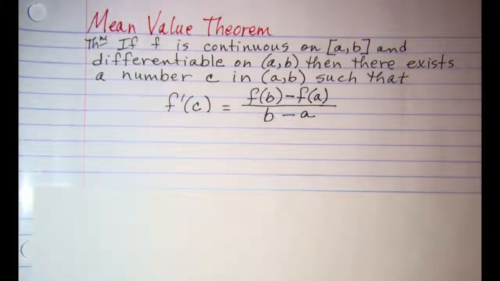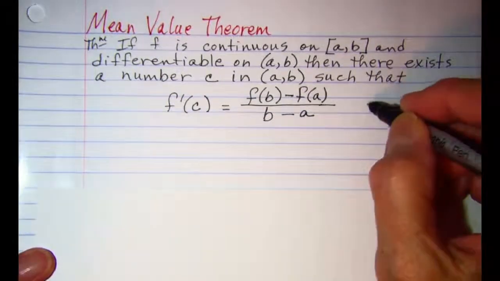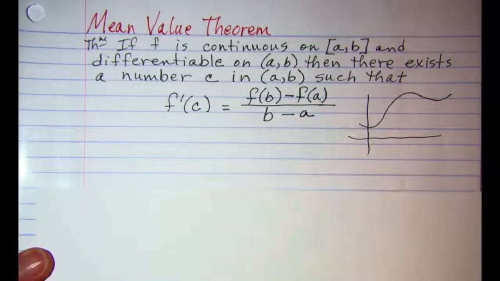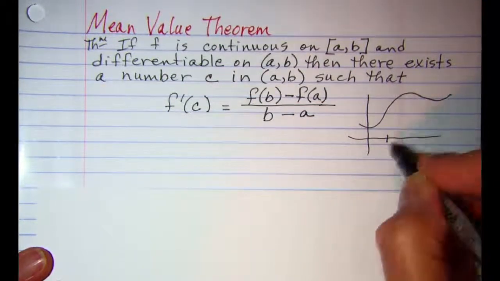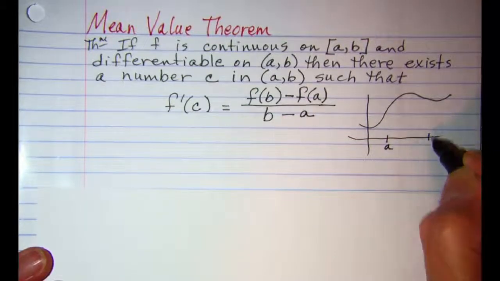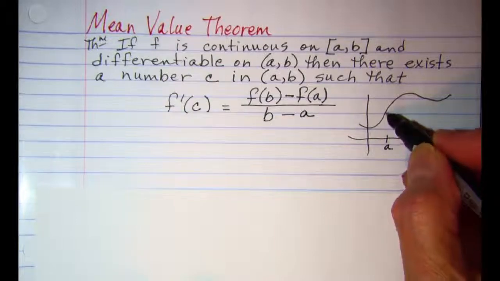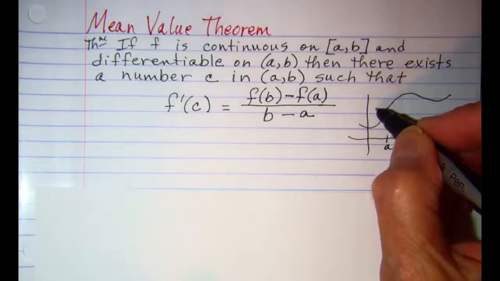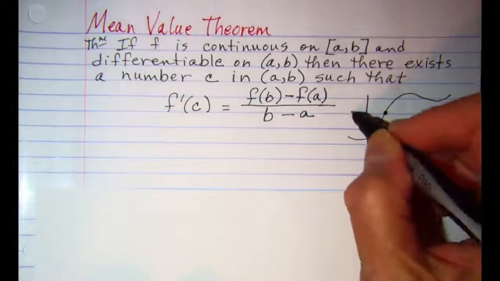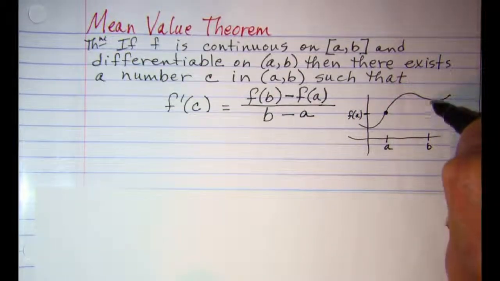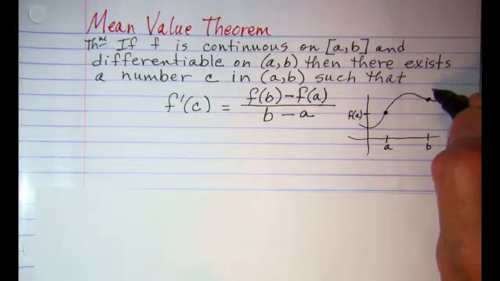So we're told then that if we have a function and we're talking about an interval from a to b, the point on the graph right here is f of a, and the point on the graph right here is f of b.